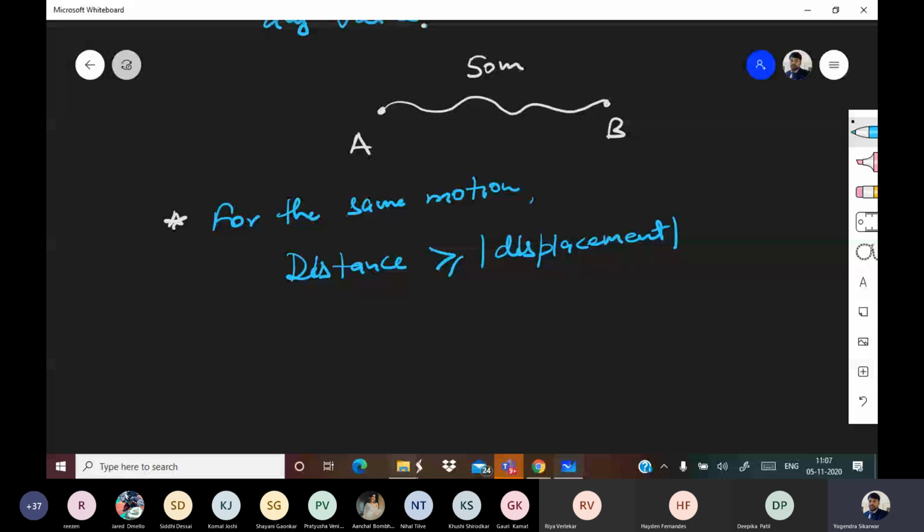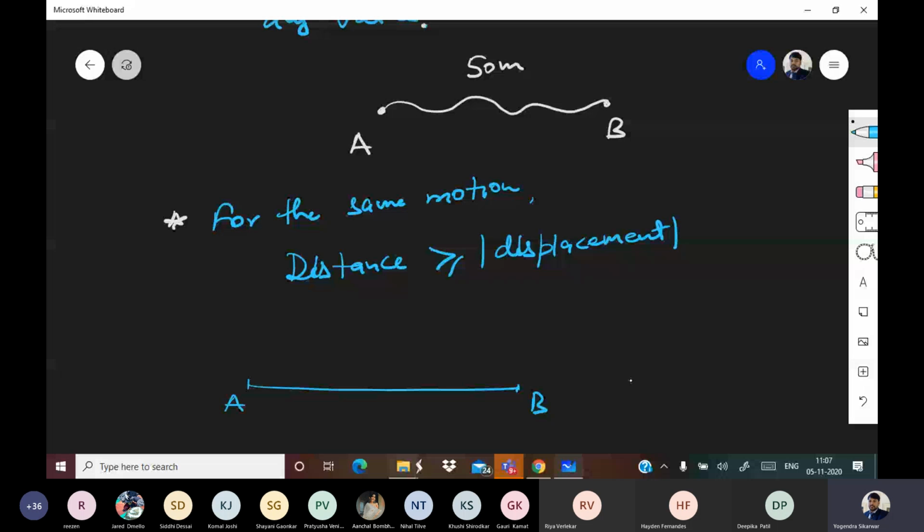So you can compare a scalar with a scalar. You cannot compare a scalar with a vector. Now the second thing, distance is always greater than or equal to displacement magnitude. What does it mean? Suppose an object is moving along a straight line, starting from A and going to B. When it goes on a straight line, distance will be equal to displacement, I am talking about magnitude.